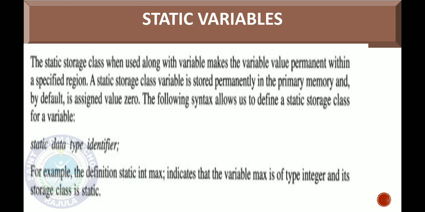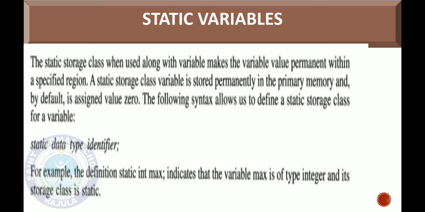So which variables are assigned the value 0? That is the external variables and static variables. Okay, then automatic variables are assigned a garbage value, and register variables will also be assigned a garbage value. Then for the syntax of this variable, you have to use the keyword static, then after that the data type and variable name.